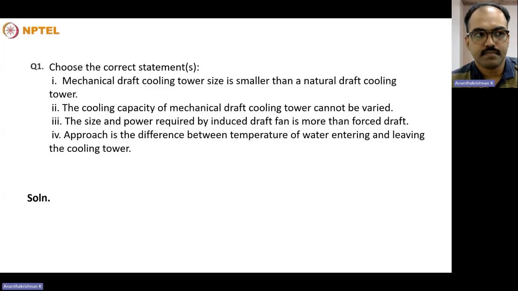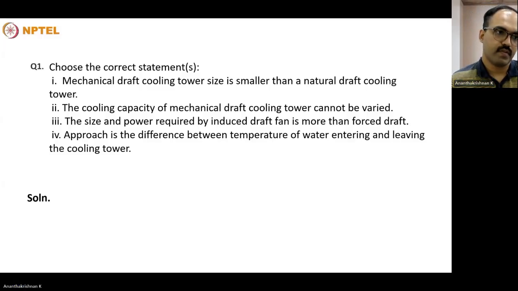The size and power required by an induced draft fan is more than a forced draft. And approach is the difference between the temperature of water entering and leaving the cooling tower. Four options are there. Which out of the four are the right options?